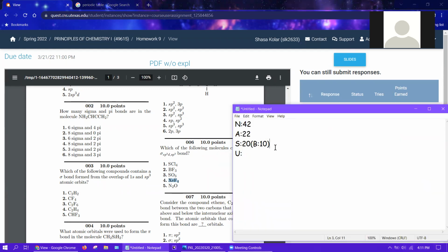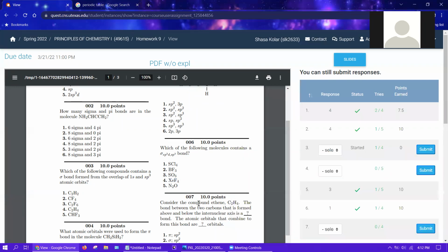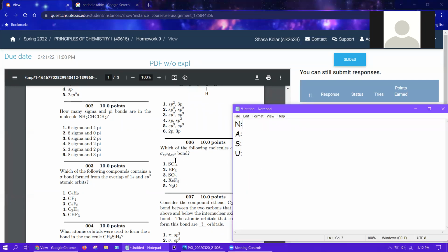Let's start with SCl4, and then we can do xenon next. So first we have this, and for needed electrons, it's going to be 5 times 8 because there's 5 atoms and they all want 8 in their octet.